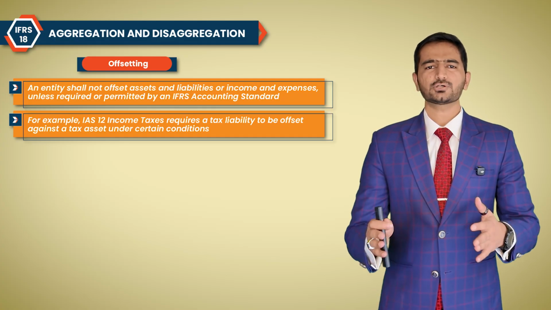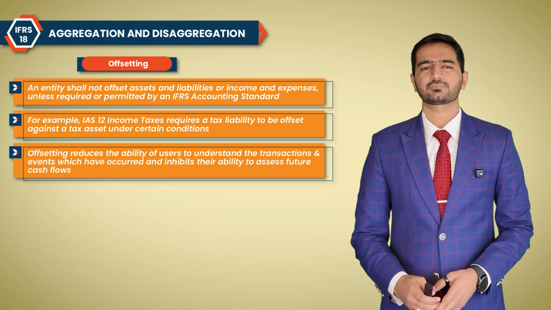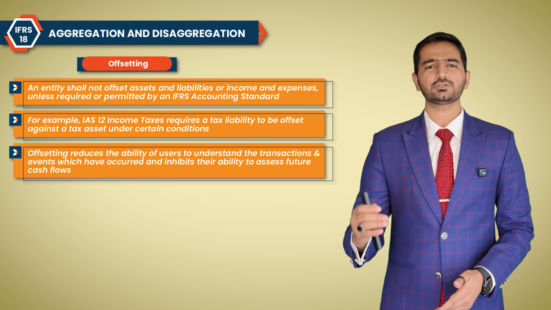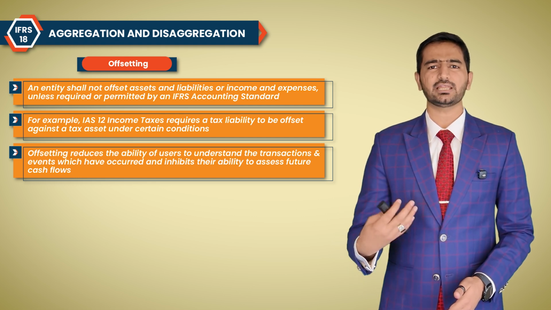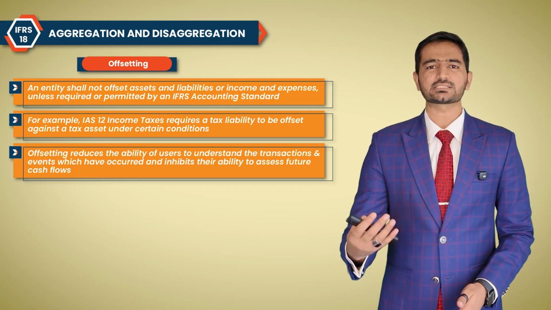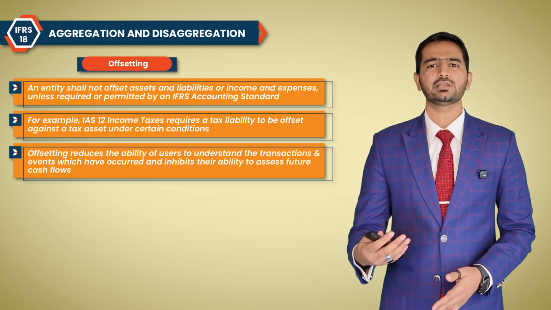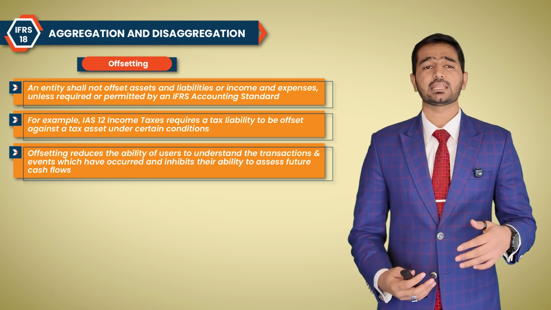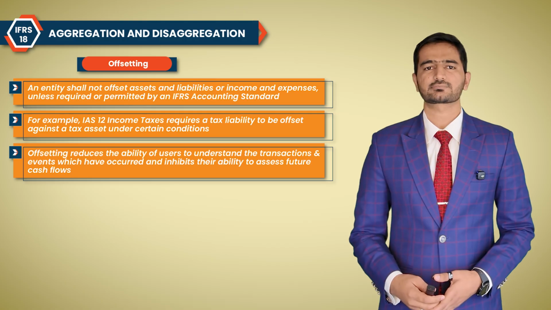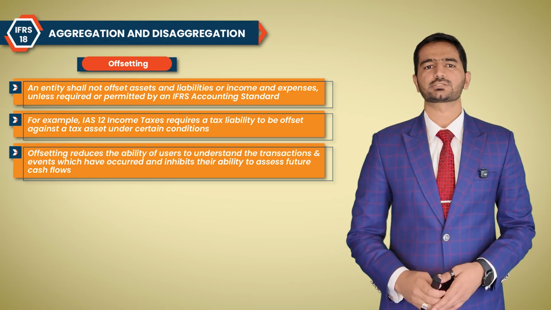Why? Because it hides information. It reduces transparency. It reduces the ability of the user to understand the transactions and events which have occurred and limits their ability to assess future cash flows. Imagine a company had $10 million in revenue and $9.8 million in expenses, and they just show net income of $200,000.